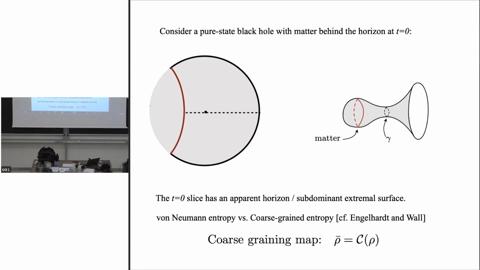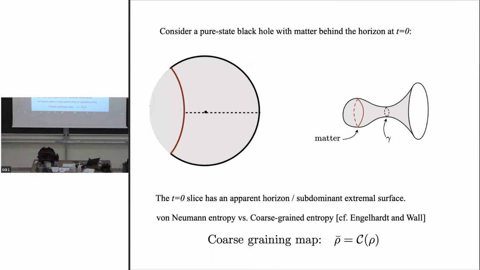This has been discussed especially by Engelhardt and Wall and collaborators, which I'll come back to in a minute. But basically what I'm going to be describing is a different way of thinking about this coarse graining. It's another way of assigning a microscopic formula to the coarse-grained entropy of this horizon.